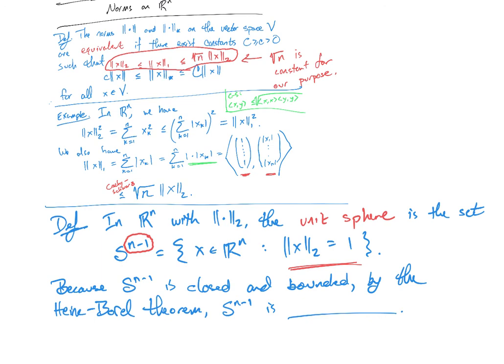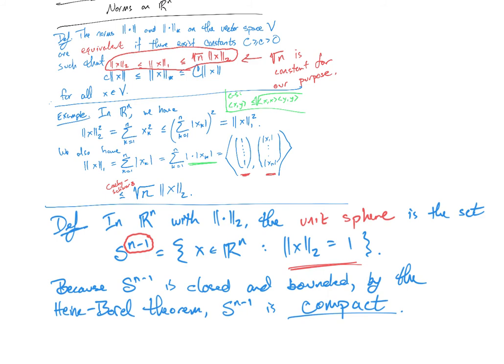Roger posted something in the chat. Oh, I'm sorry. I need to remember to look at the chat this week, apparently. Yes. Yeah, if we have a closed and bounded set in Rn, then it is compact. That's the Heine-Borel theorem for Rn.